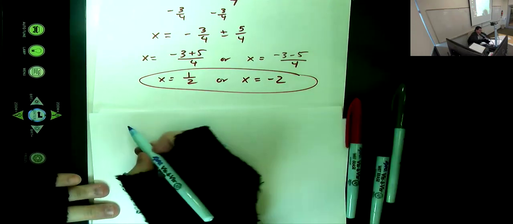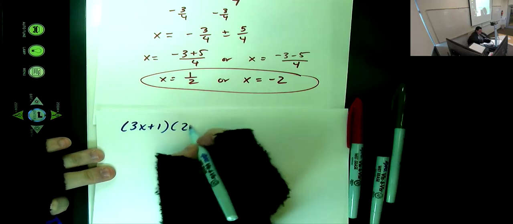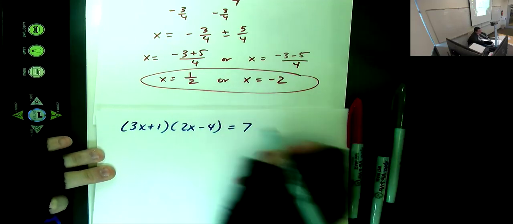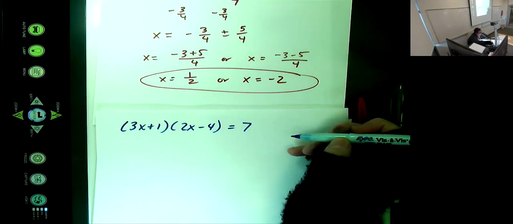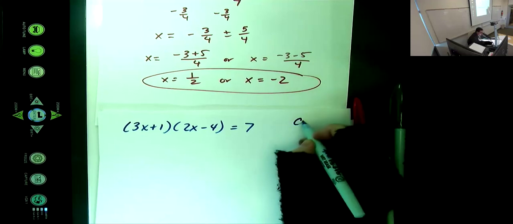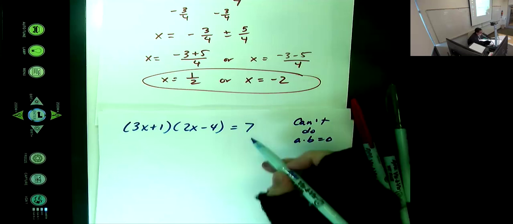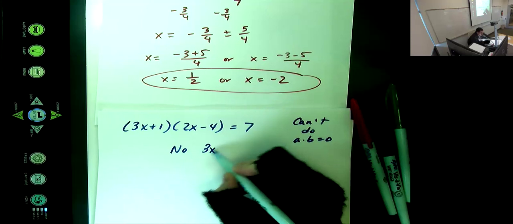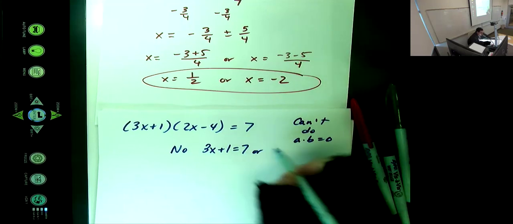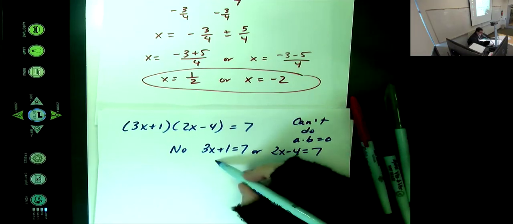You may have something like (3x plus 1) times (2x minus 4) equals 7. And at some point you're going, what is the easiest route to go? You can't do the a times b equals 0 rule because you don't have a 0. So no, 3x plus 1 equals 7 or 2x minus 4 equals 7. Can't do that. It only works if the right side is 0.